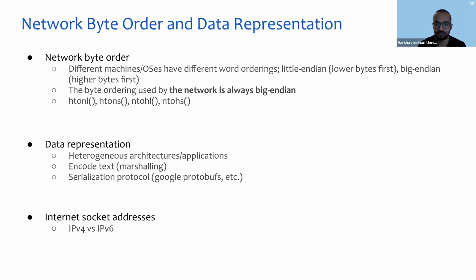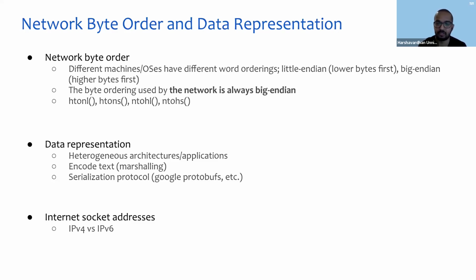To ensure that the communication is uniform, the byte ordering used by the network is always big endian. To convert data between host and network byte ordering, we use a bunch of functions called htons, ntohs, htonl, and ntohl, with versions for both the long and short sizes.